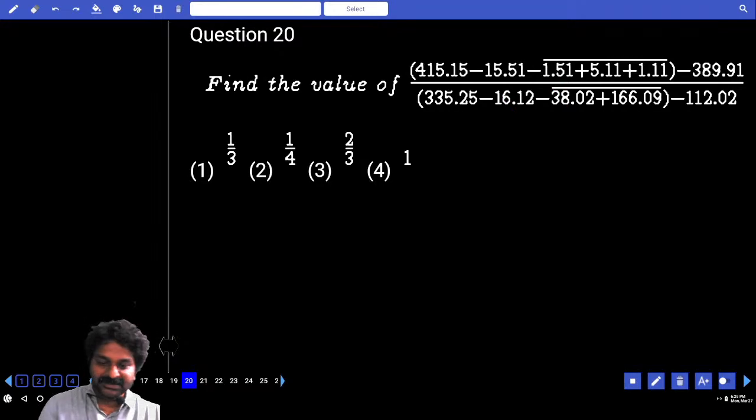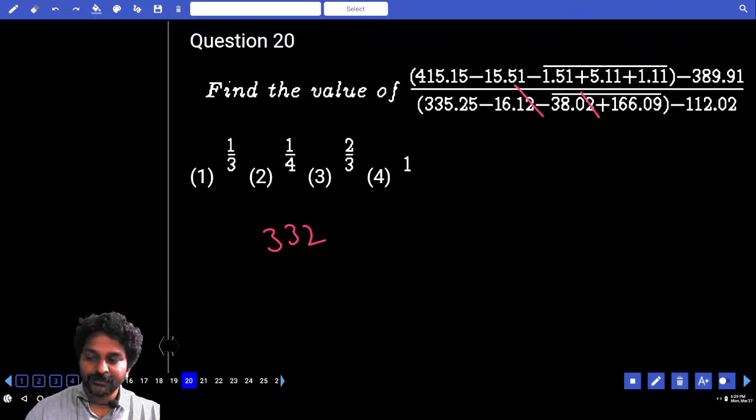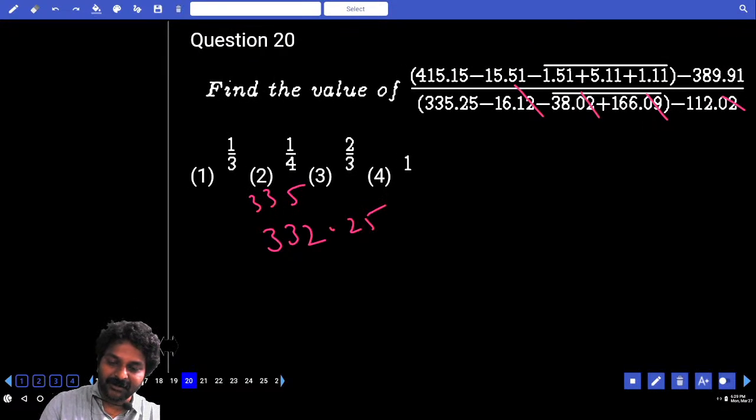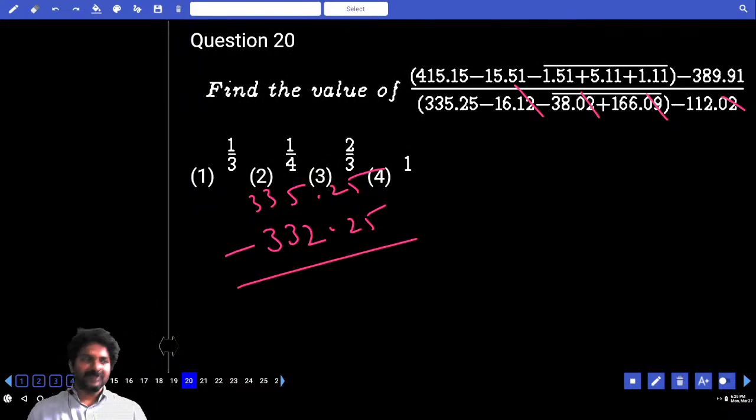Now decimals. 330. 12 + 2, 14 + 9, 23. 2.25. This must be subtracted from 335.25. That is the answer, 2/3.